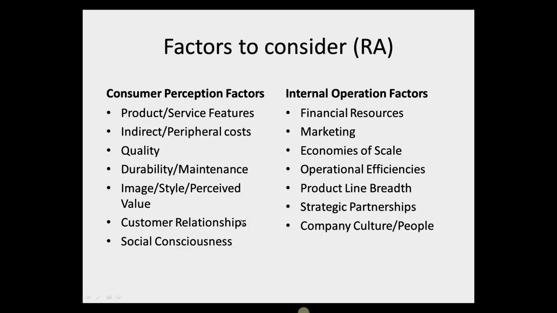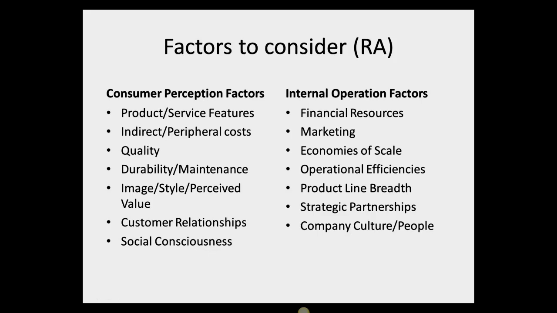Other factors that you could consider. So these are all basically different types of factors that help you to differentiate your company from the other companies in the industry. So features, quality, durability, image, style, all of the social consciousness, those can be determinants of how you compete with other companies.